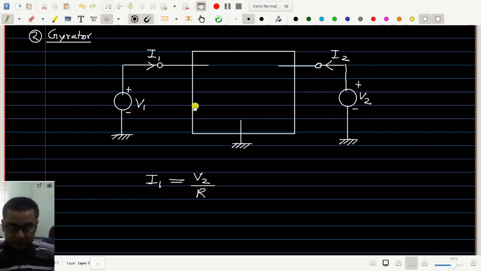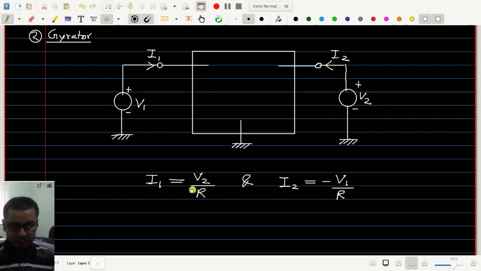R is a property of this gyrator circuit, and the current I2 will depend on the voltage V1, like V1 divided by R with a minus sign.